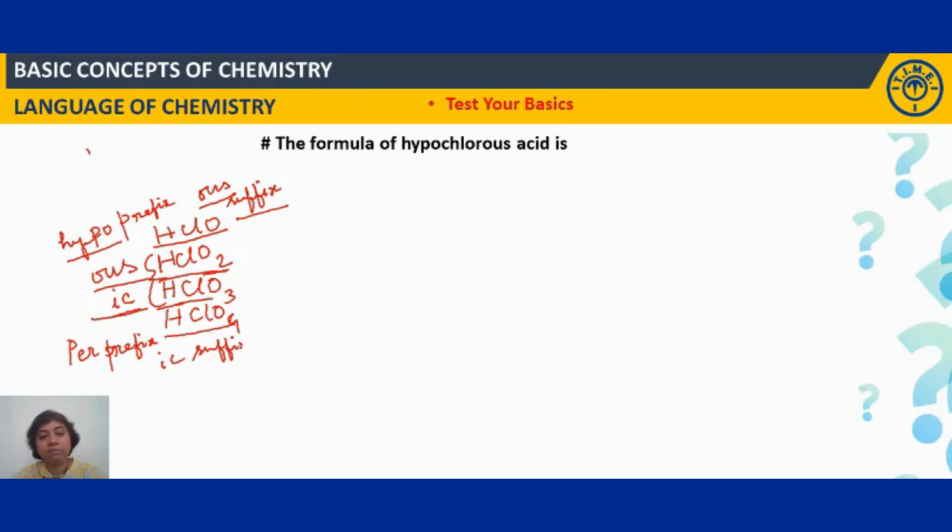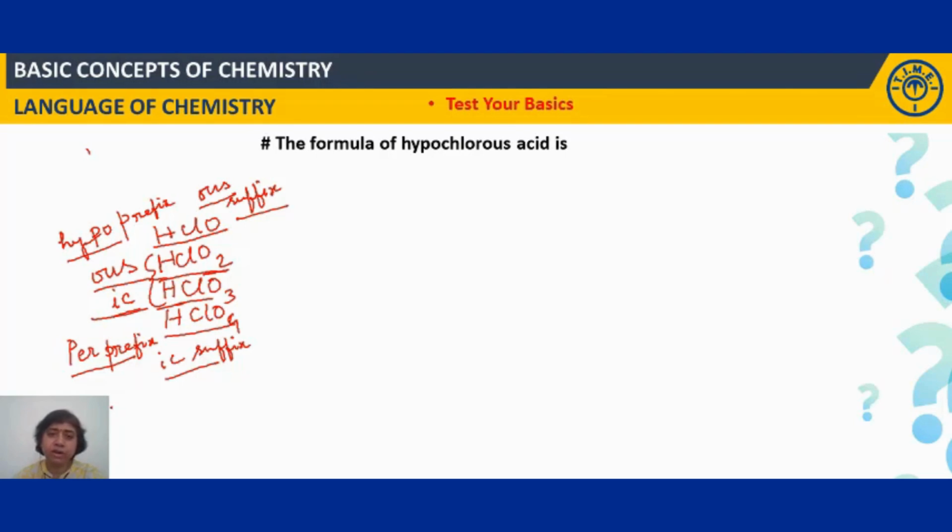Note it down, make it a point, remember this. So per prefix and IC suffix means what should be the name? Perchloric acid. So first one is hypochlorous acid, second one chlorous acid, third one chloric acid, fourth one perchloric acid.